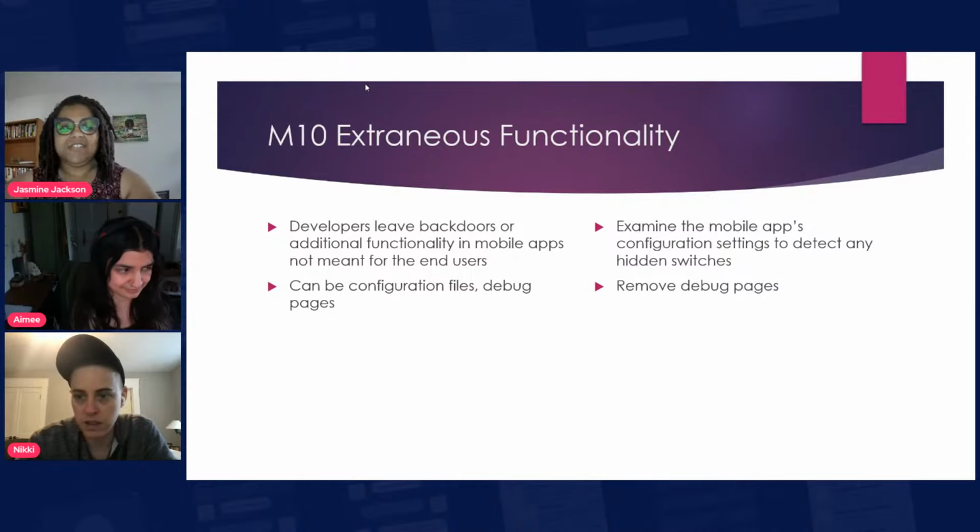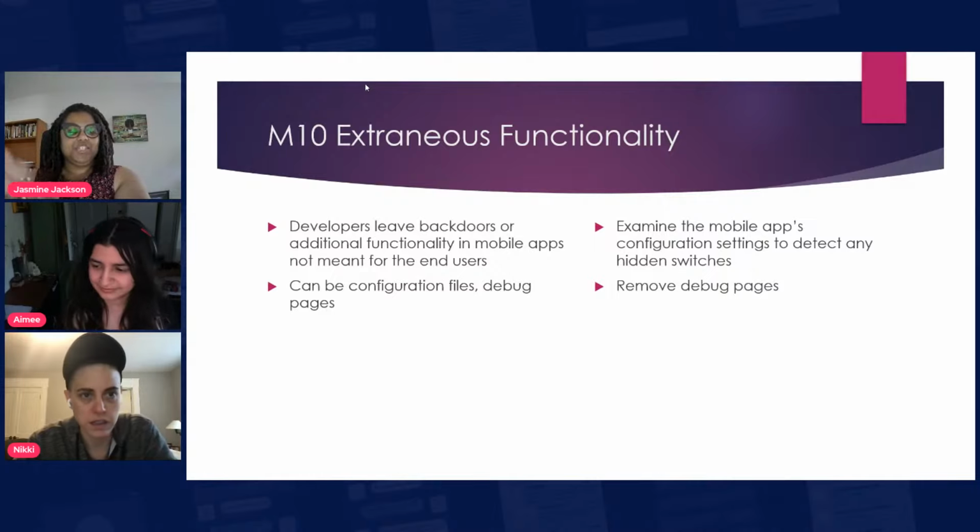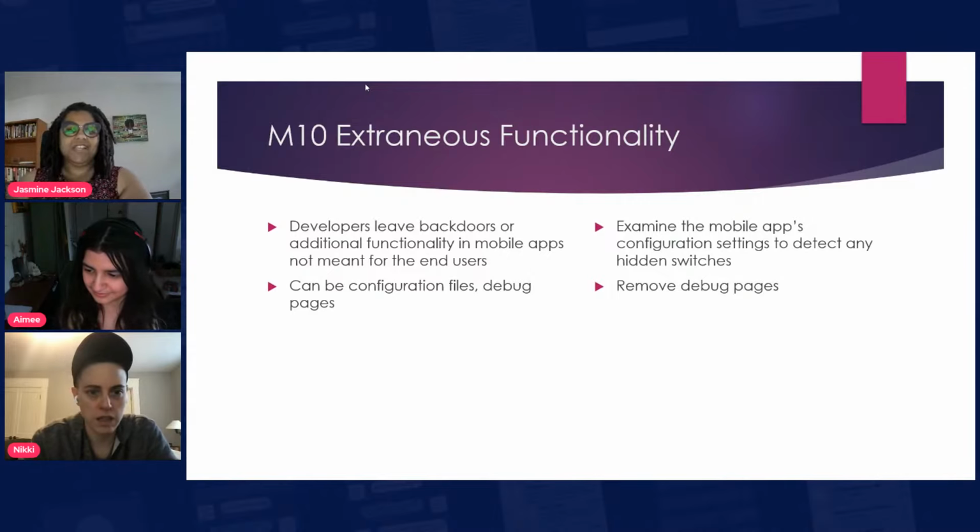the functionality doesn't work. And while that's good in the implementation phase, what happens most times is when you ship the product and it goes live or goes to production, you don't remove that piece of code.